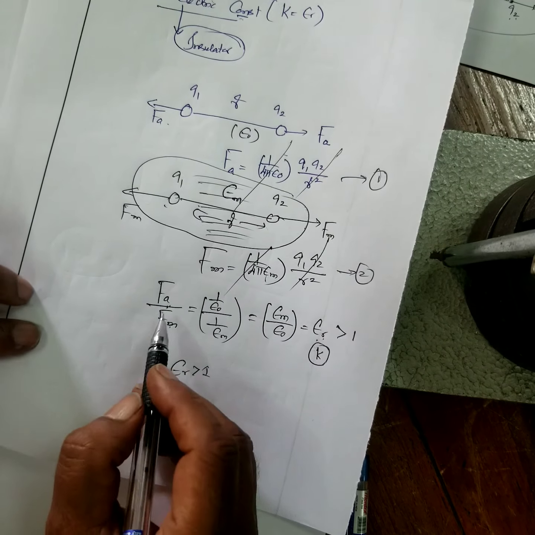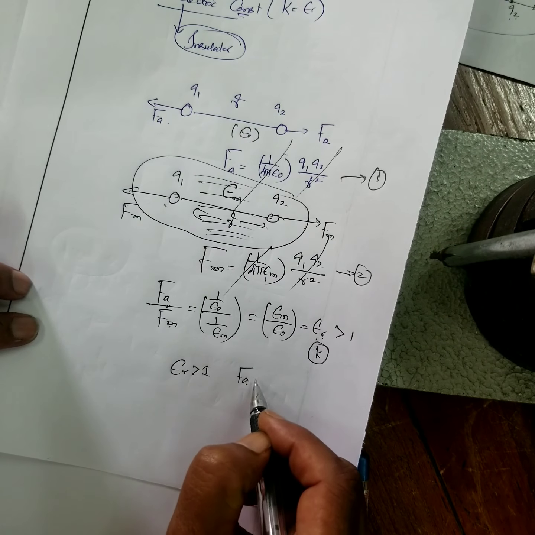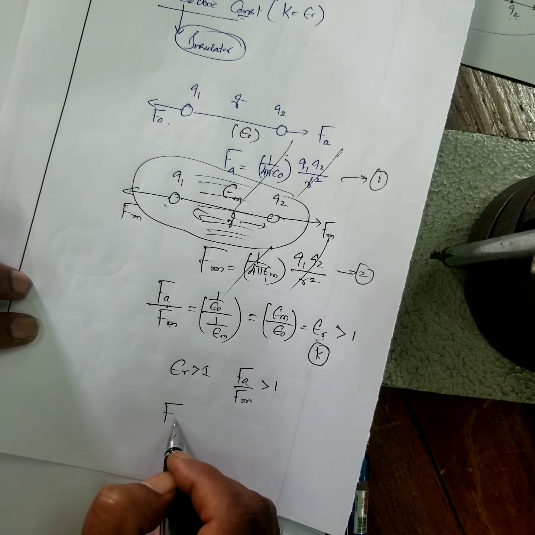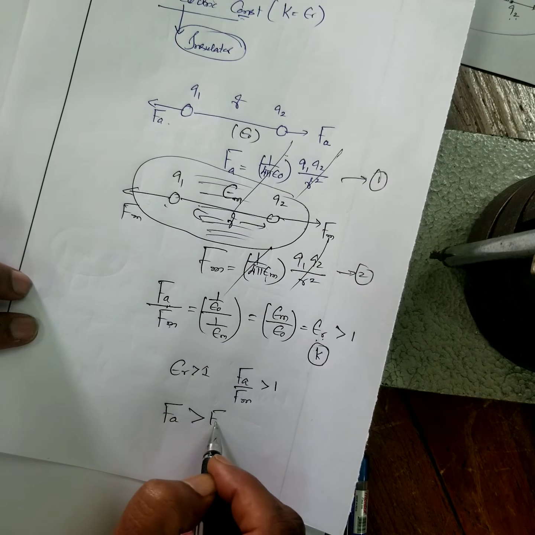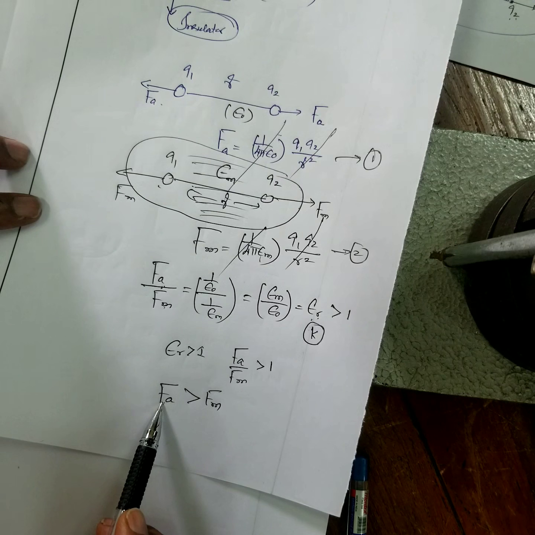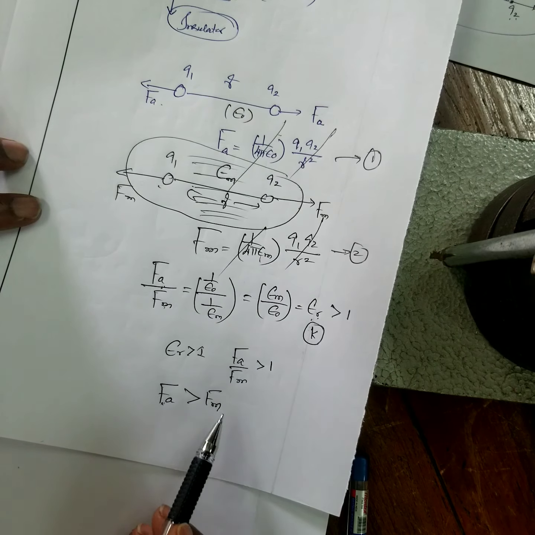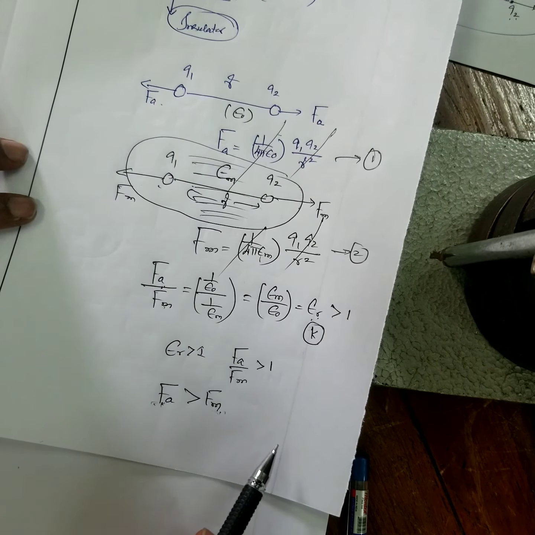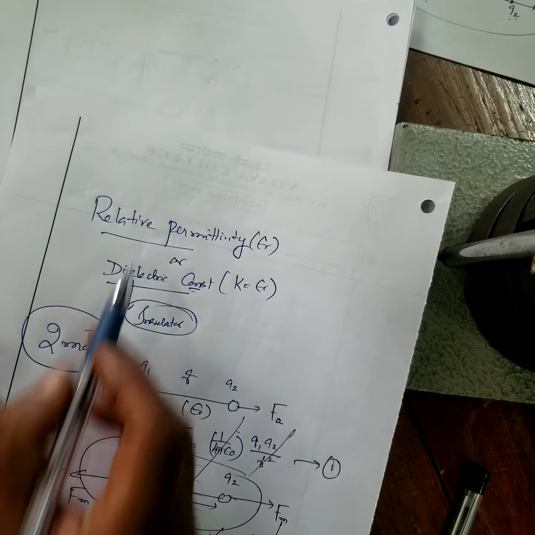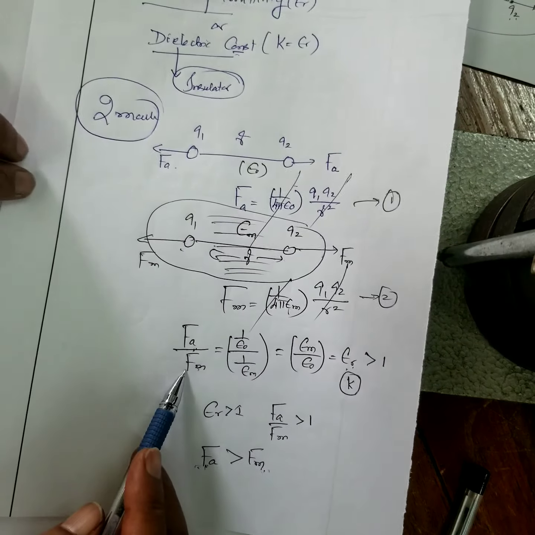Therefore Fa by Fm is greater than 1, or Fa is greater than Fm. That means the force between the two charges in air is more than the force in the medium. Got it? You have to give this definition. For 2 marks they will ask you relative permittivity, but you have to write it in sentences.